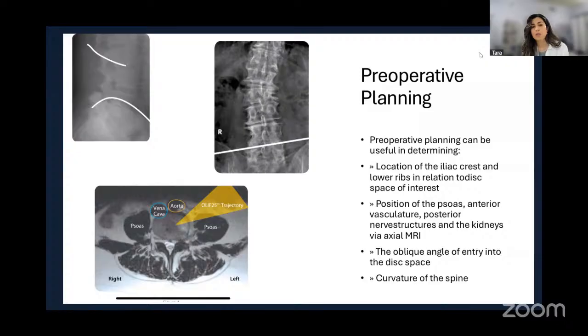Sometimes you can see the aorta and vena cava are shown, but sometimes the vessels are well attached to the vertebra that in some cases minimal transposition is needed. I will talk about it later, which makes it difficult. So very well preoperative studying of the structures is very important, along with the oblique angle of entry into the disc space and the curvature of the spine.